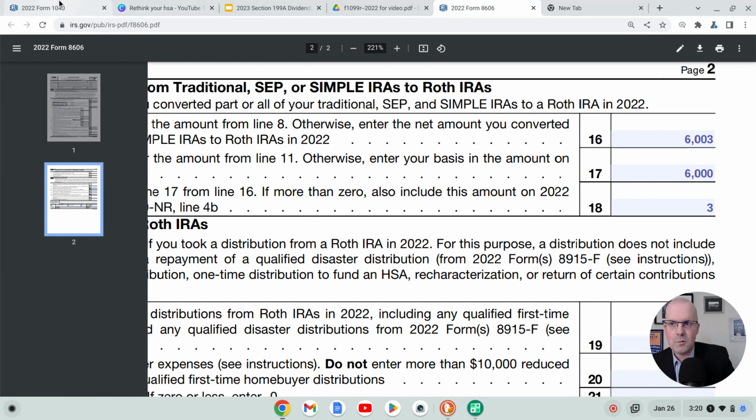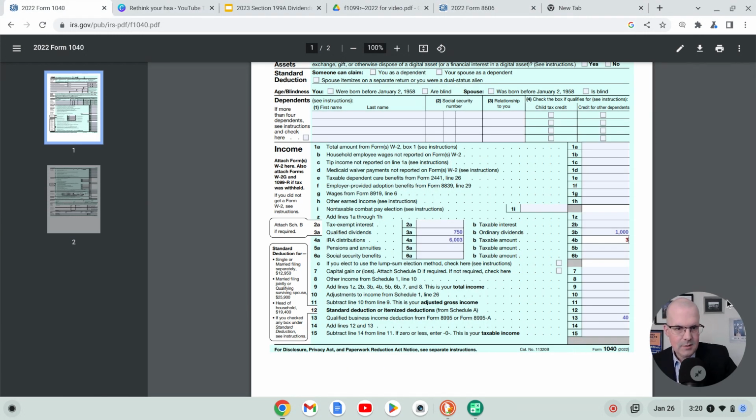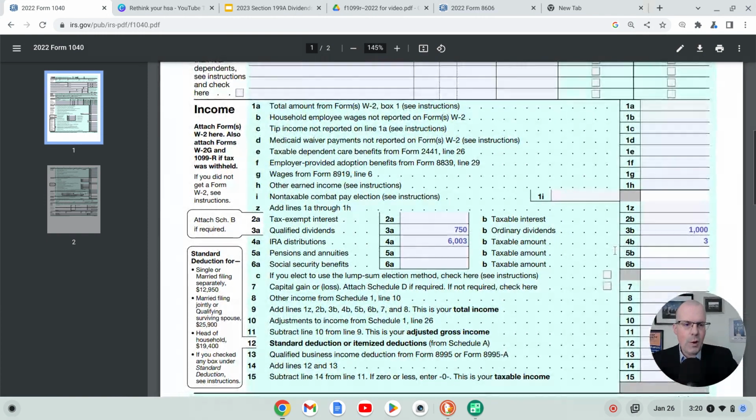So if we've done our backdoor Roth IRA correctly, we're going to have some result like that, where the taxable amount is the amount coming off of our 8606 part 2, and it should be very small. It could be zero even, depending on what the asset did while it was in the traditional IRA. So there you have it, a very broad overview of how backdoor Roth IRAs, if optimally done during the year 2022, for the year 2022, are then reported on an 8606 and a Form 1040.